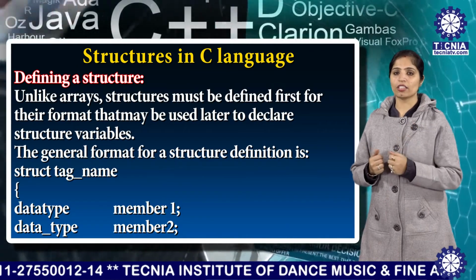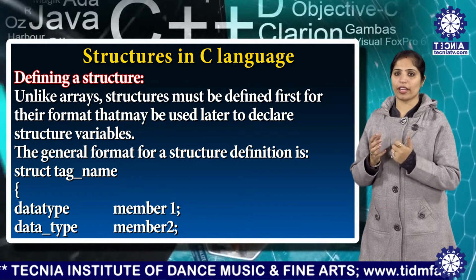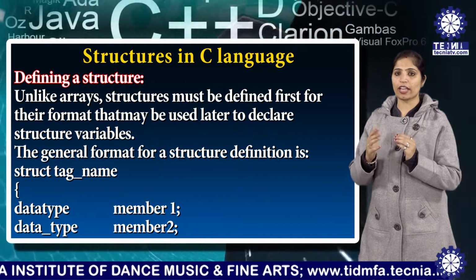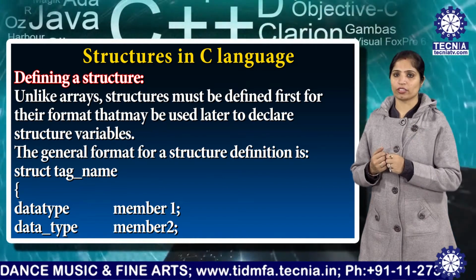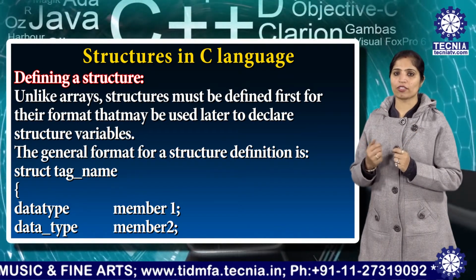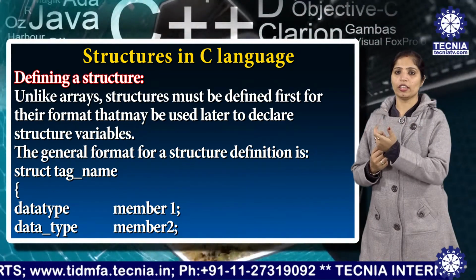Let's define a structure. Unlike an array, a structure must be defined first for its format, which may be used later to declare the variable of a structure. The general format for the structure is the struct keyword, then the tag name.